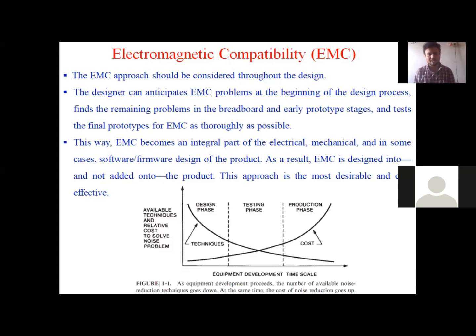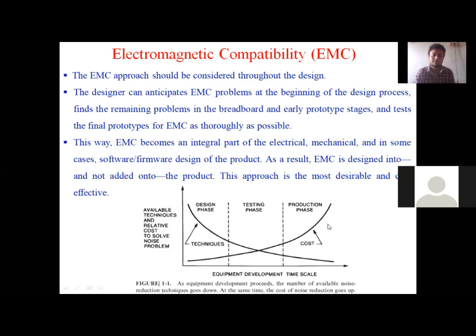Otherwise, later if you try to incorporate EMC into your device, we have to add additional circuitry into your device that will not only add cost, but also increase the spacing required for your device. So that is not a good thing. So this graph clearly shows that we are having a large number of techniques to control electromagnetic interference in the beginning of the designing of device.